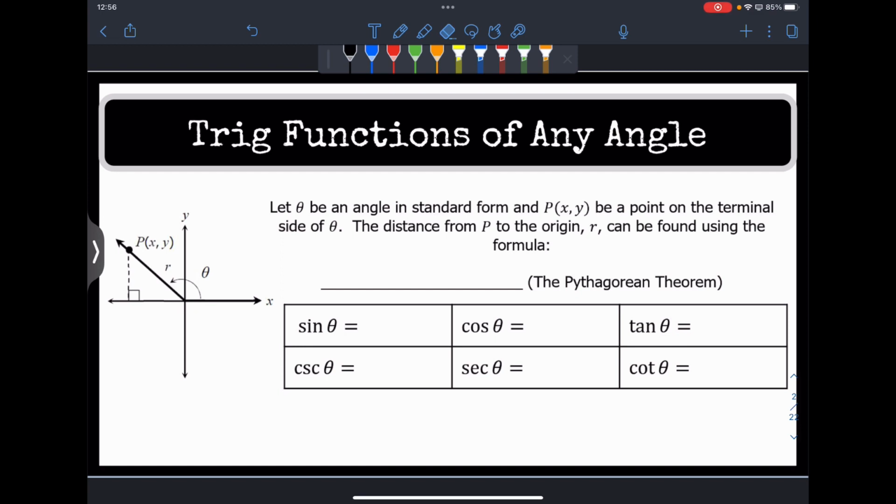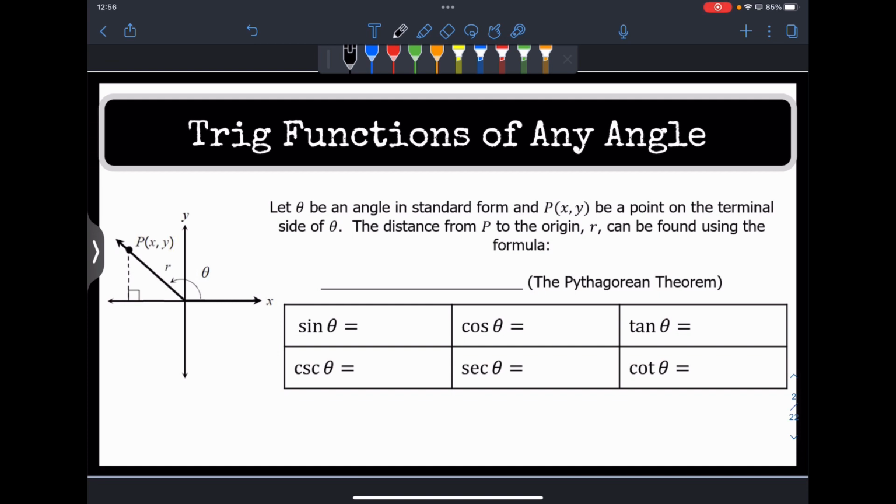Let theta be an angle that's drawn in standard form, and P, a point with coordinates x and y, be a point on the terminal side of this angle, as you see in the illustration right here. The distance from point P to the origin is referred to as r, and it can be found using what looks like the Pythagorean theorem.